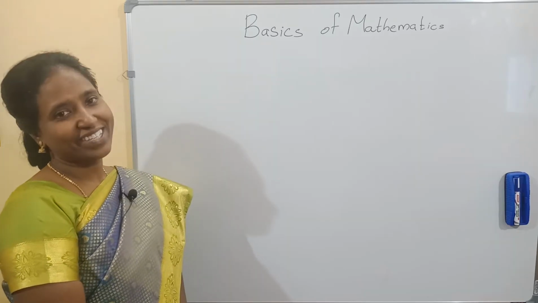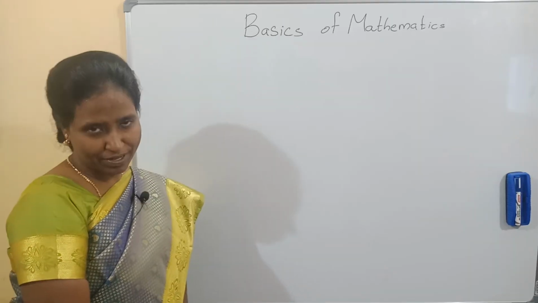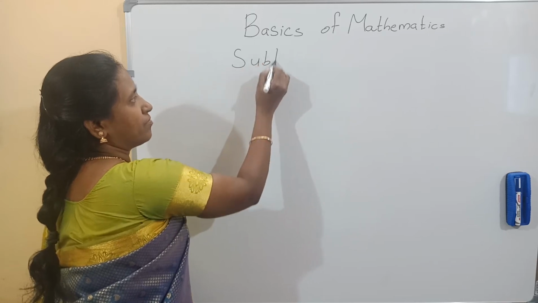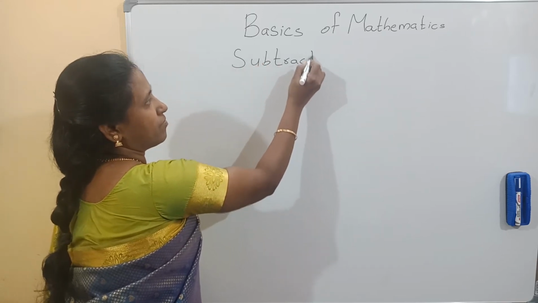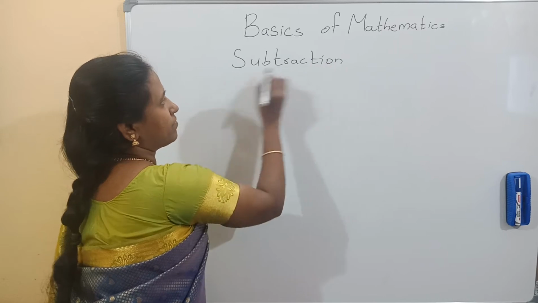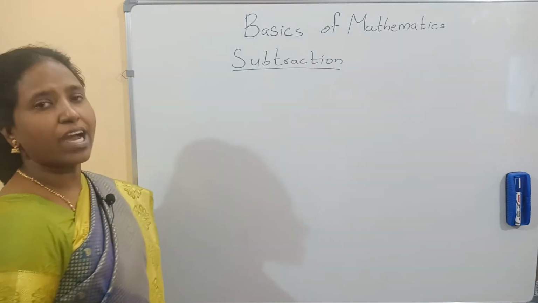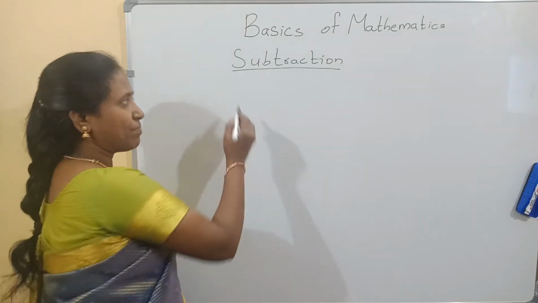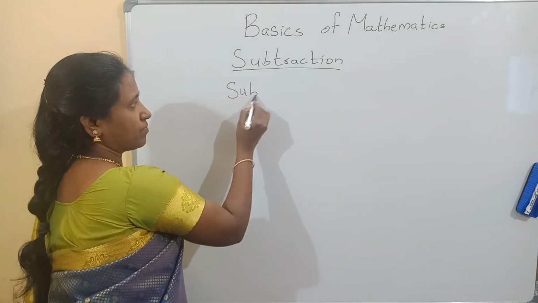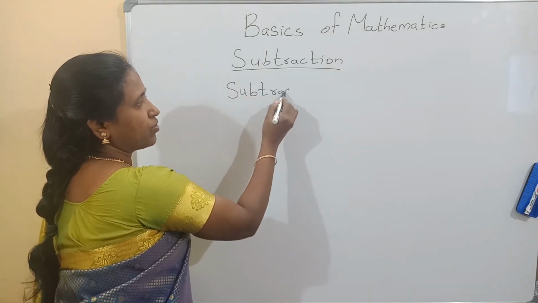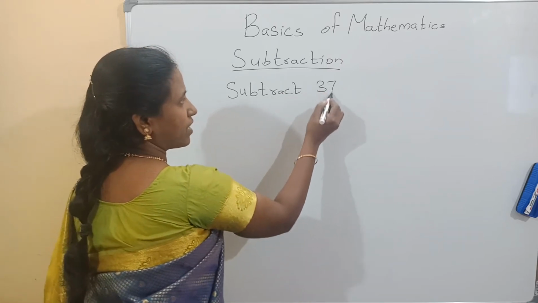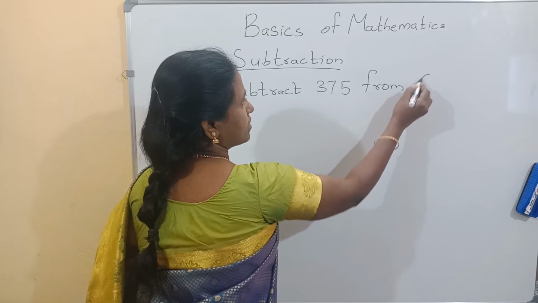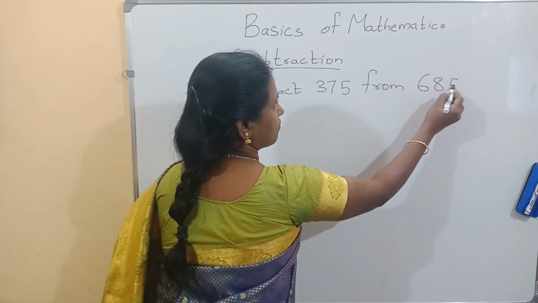Now on to the next calculation, subtraction. Right? Generally the problem or the sum is: subtract 375 from 685.